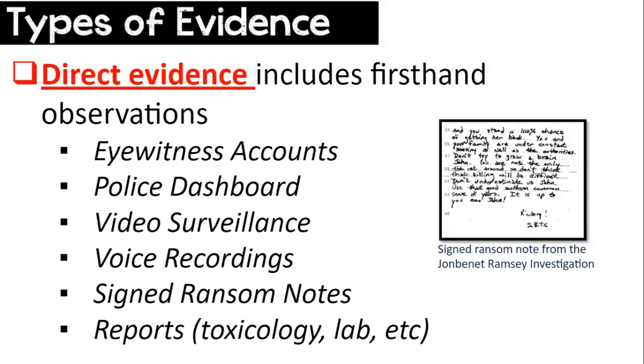So eyewitness accounts, police dashboard video and voice recordings, signed ransom notes, all of the things that you can tell without a doubt firsthand. There's no mystery involved, right? A video surveillance, you can't make that up. It's a recording. It is what it is, right?